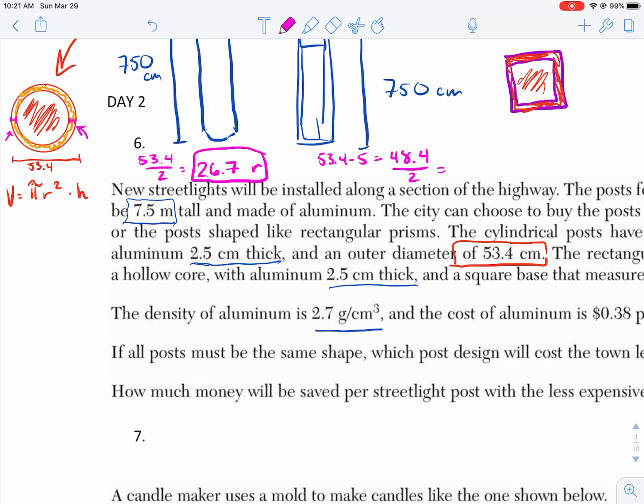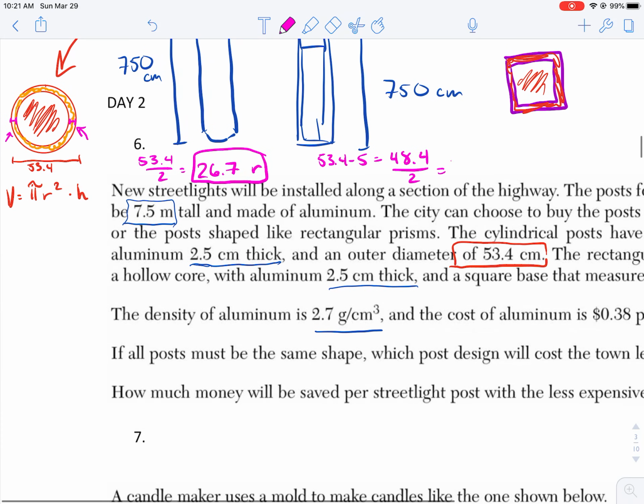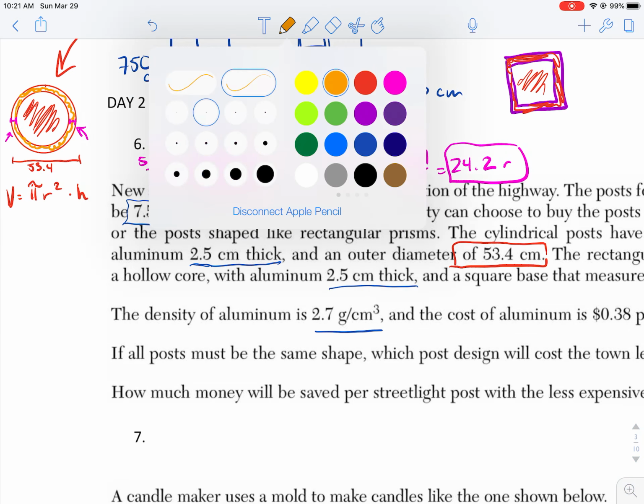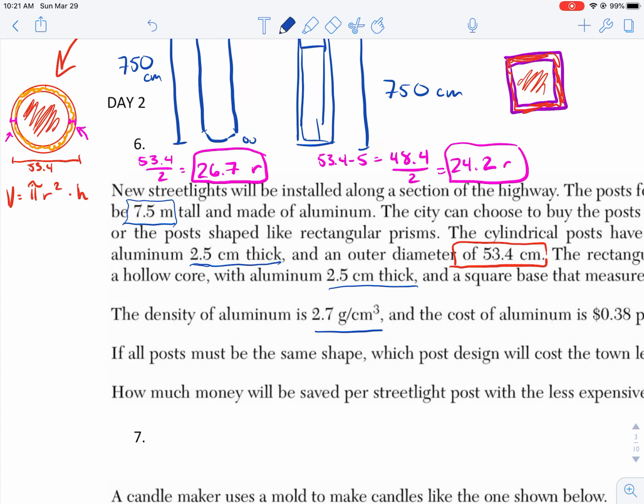And then we divide that by 2. And we get 24.2. Okay? And that's the radius for our inner circle. So let me label that here. So this will be the outer, and this will be our inner.